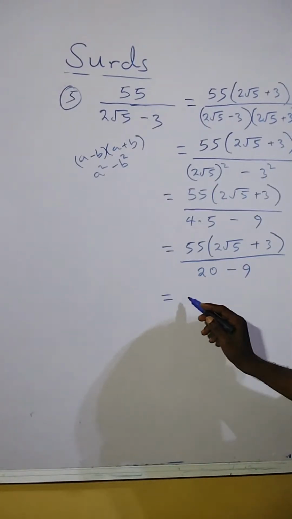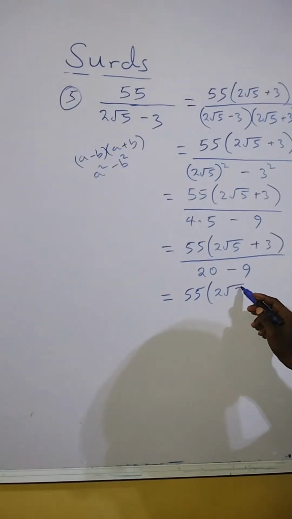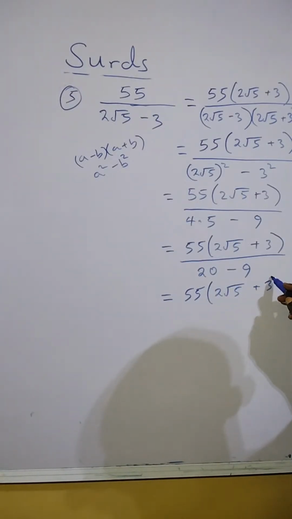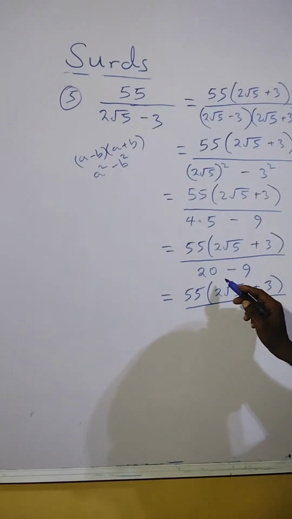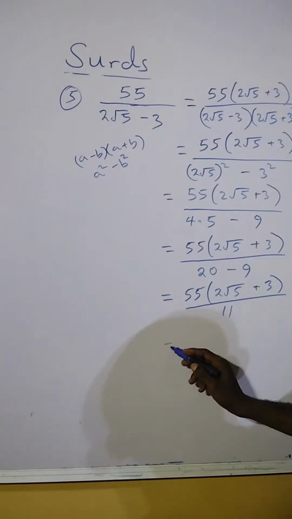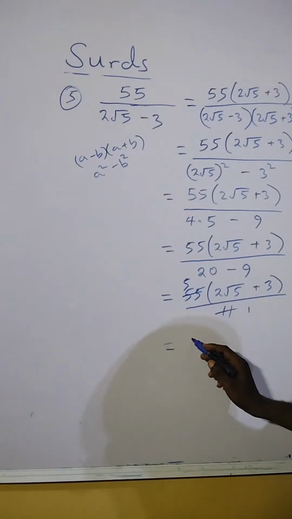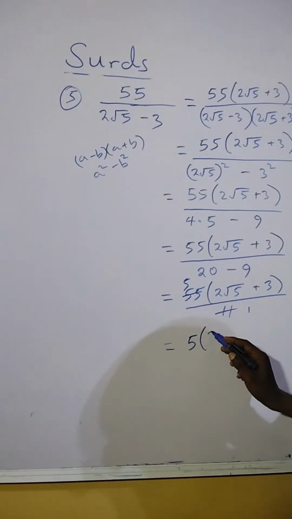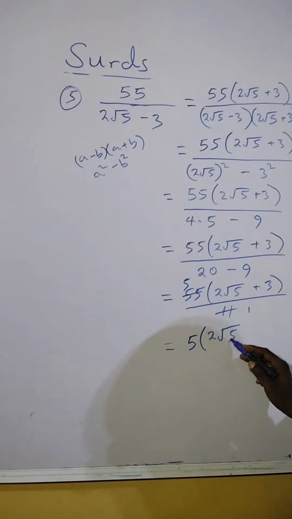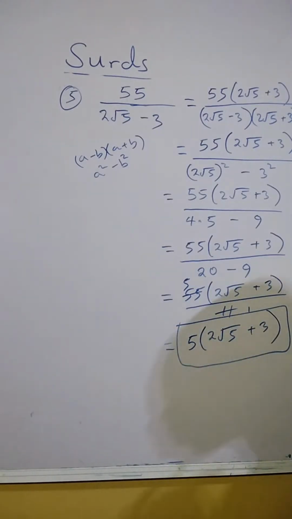That is 55 into bracket 2 root 5 plus 3 divided by 20 minus 9, that's 11. Then we can reduce this: 11 goes here 1, 11 goes here 5. And we have 5 into bracket 2 root 5 plus 3, which is here the simplified form of the given problem.